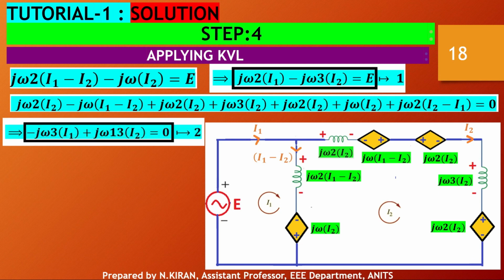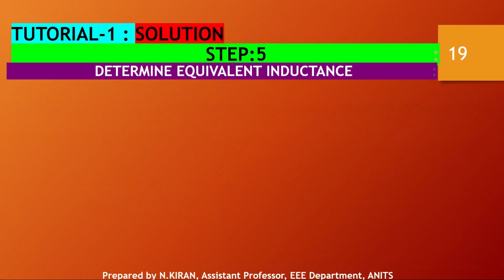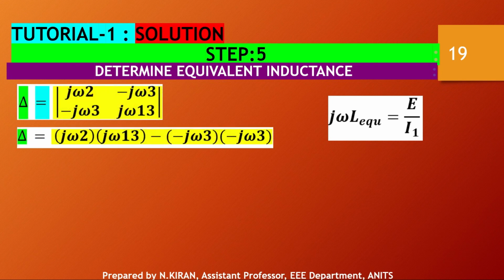After obtaining the mesh equations, we write them in matrix form and apply Cramer's rule. In order to find the equivalent inductance, we have to find the ratio of E and I1. So it is enough if I find the value of I1, which is delta 1 by delta.